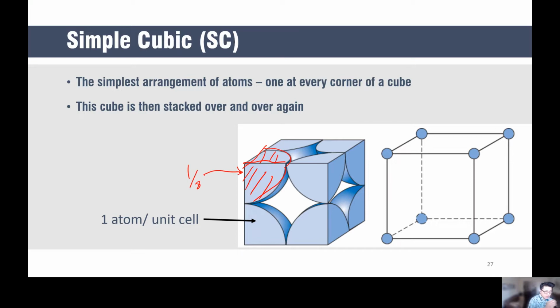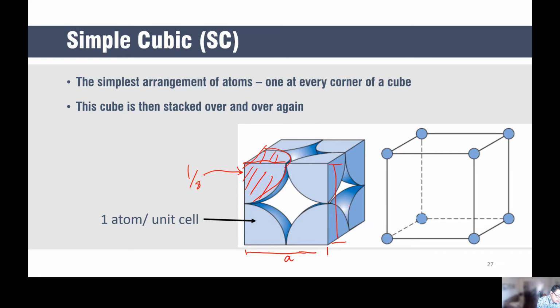And so to draw a unit cell, there are two ways to draw that. The left-hand side diagram is actually the more realistic way of drawing things, where an atom is represented by this ball. And really it's actually an electron cloud with that particular radius, okay?